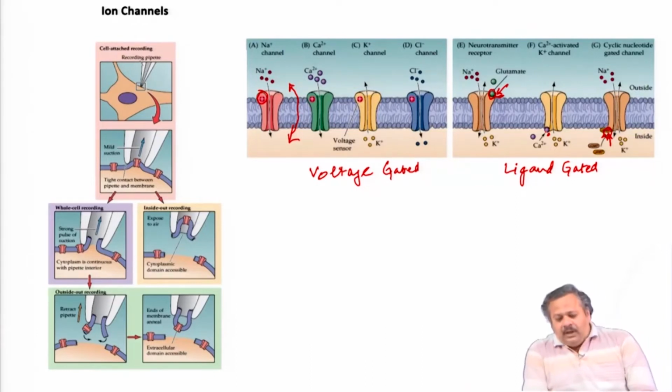We will come across the ligand gated ones primarily in the context of a synapse on the postsynaptic side, where the neurotransmitter receptors themselves are these ligand gated ion channels, and the voltage gated ion channels will primarily be on the soma, in order to understand the action potential.